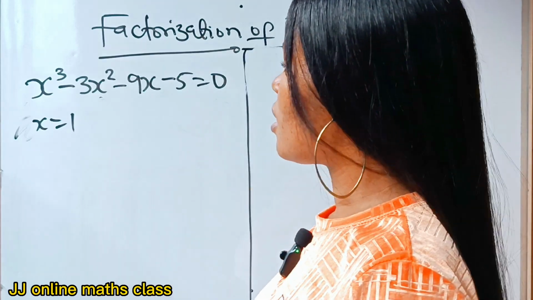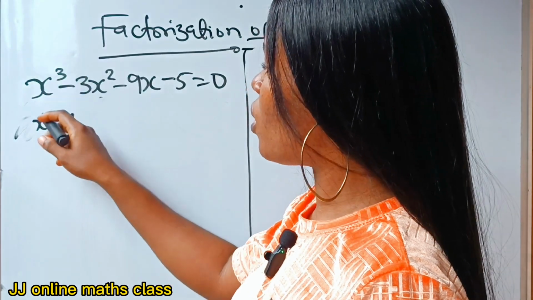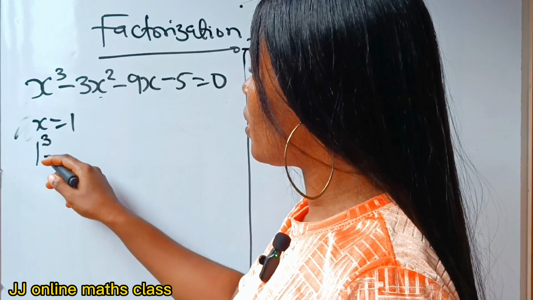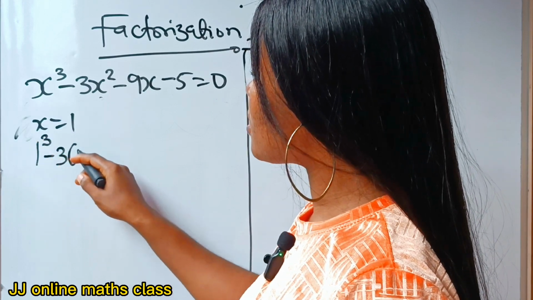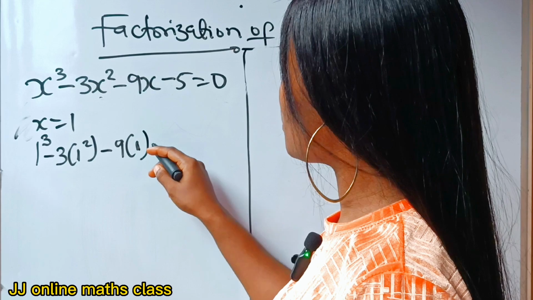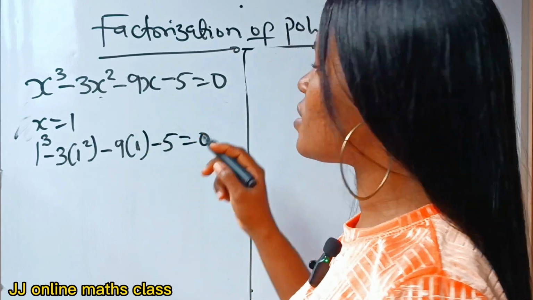So let's see. If we substitute x for 1, we will have 1 to the power of 3 minus 3 brackets 1 squared minus 9 brackets 1 minus 5 is equal to 0.